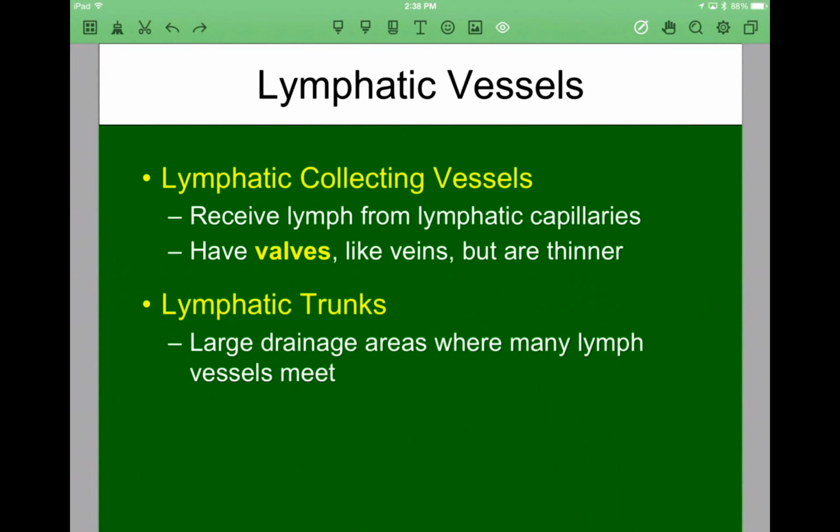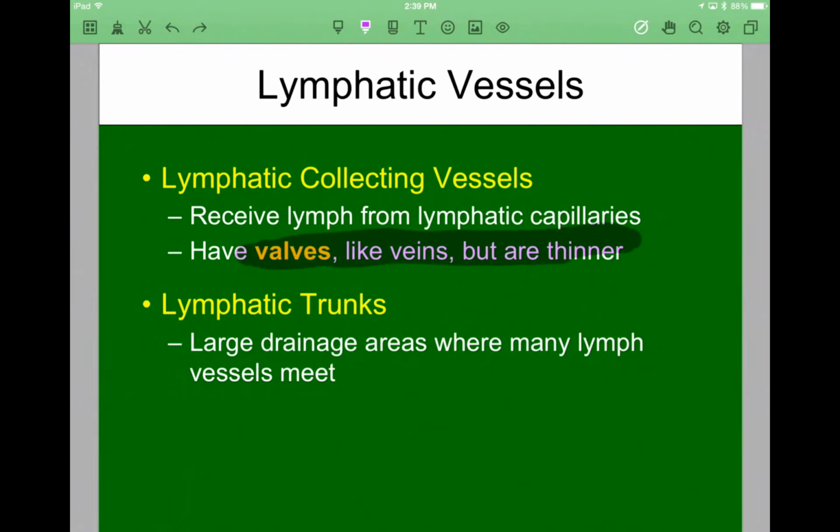Remember that veins lead back to the heart and arteries lead away. As it's leading away, arteries are pulsing, and you don't have to put valves in them. They're very good at keeping the blood flow going. But if you recall, veins weren't, and they had to have these little one-way valves. Well, it turns out lymphatic vessels are wimpy and pathetic too, so they have to have valves exactly like veins did, because they just can't get the job done.